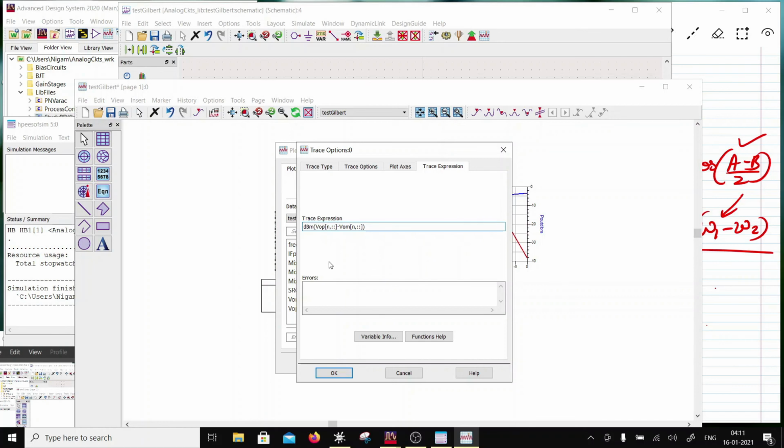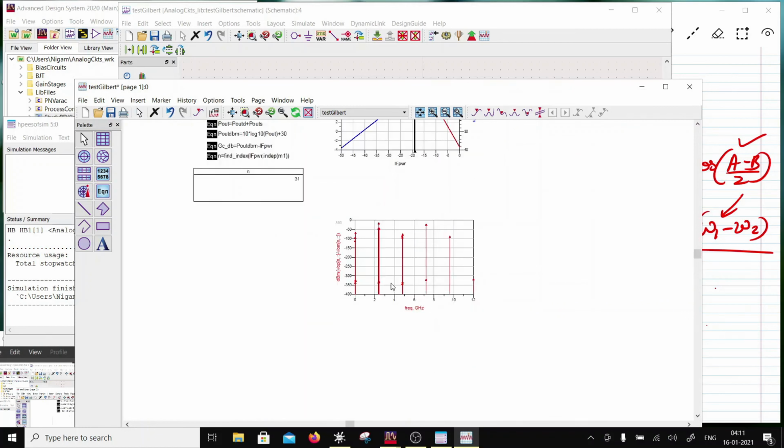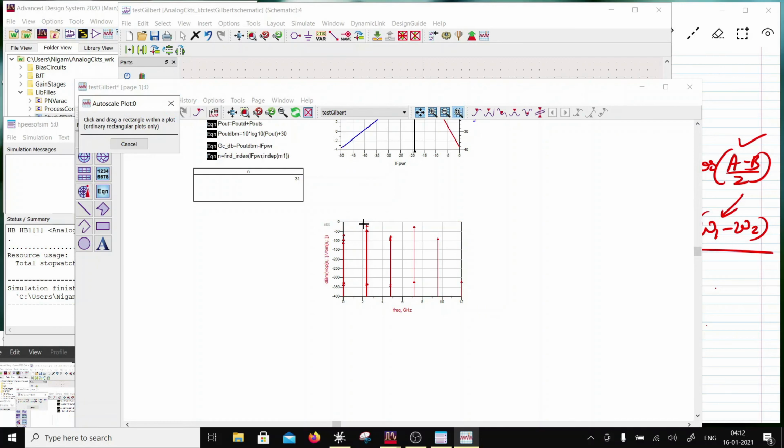Okay, so now what are we looking at in dBm? That. So my concern is the up conversion, right? So I want to look here. Others are going to be low, right? So I'm going to zoom in here.